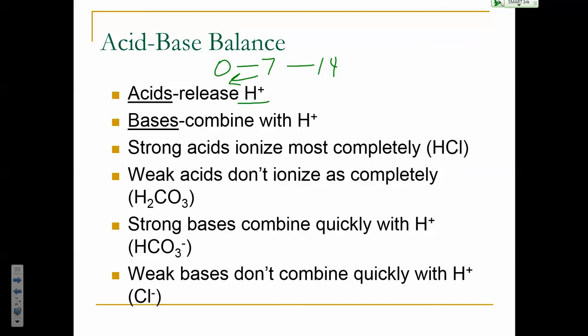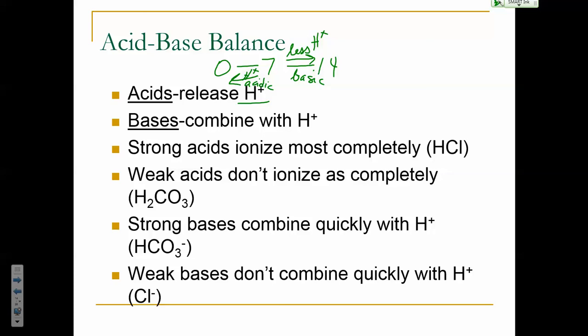It's a logarithmic scale, but more hydrogens, the lower the number, the more acidic, and less hydrogens, or more hydroxyl ions, the more basic or alkaline it is. All right, anyway, the chemicals that release hydrogens are called acids.